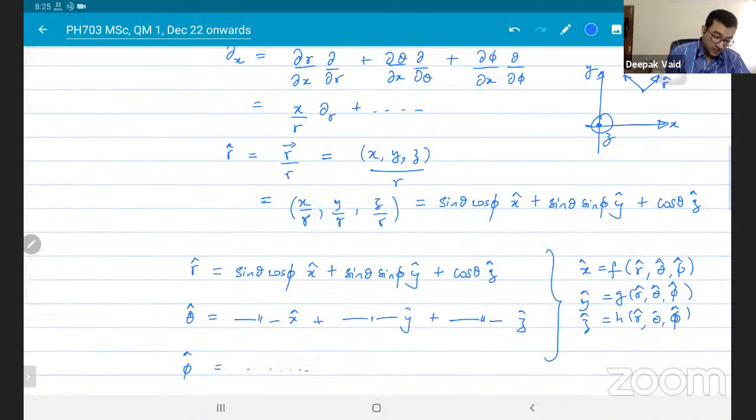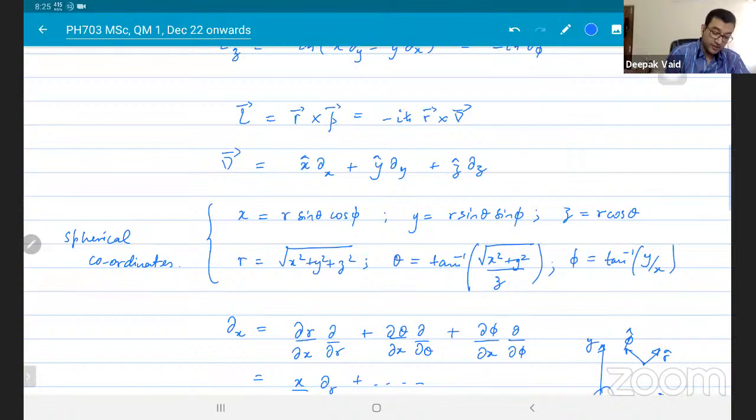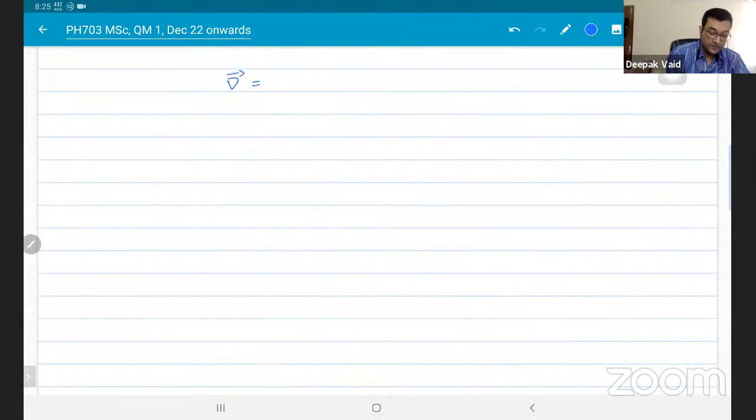Okay. So when you work out what this gradient operator looks like in spherical coordinates, what you find is that it can be written this way: r̂ ∂/∂r plus θ̂ (1/r) ∂/∂θ plus φ̂ (1/(r sinθ)) ∂/∂φ.